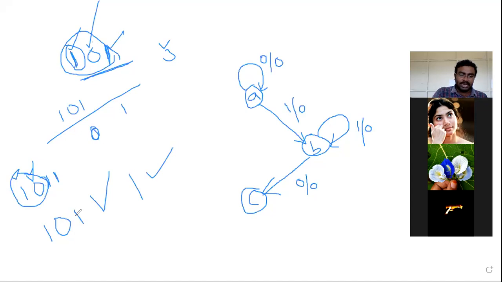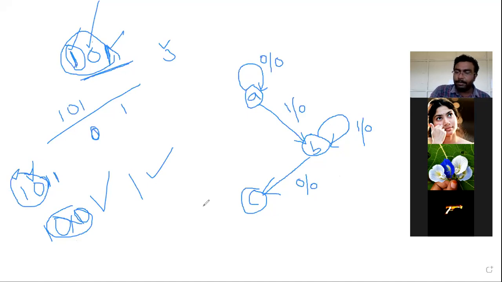If state C finds an input 0, your entire sequence is wrong, students. Since we need 101, we found 100. So the entire sequence is wrong. That is the possibility here.